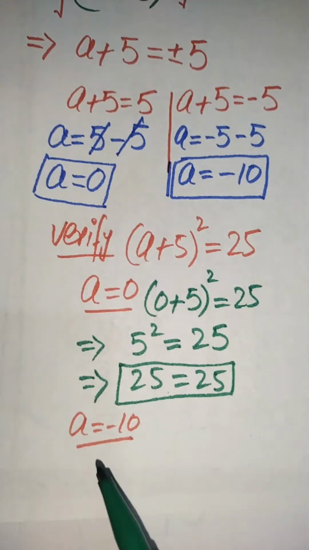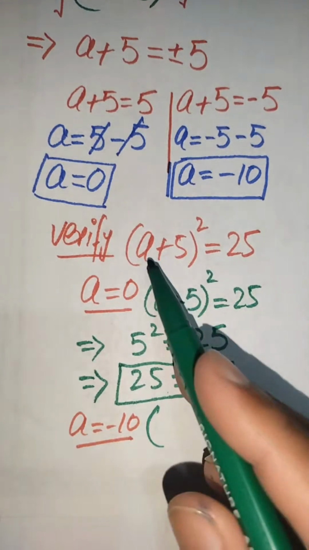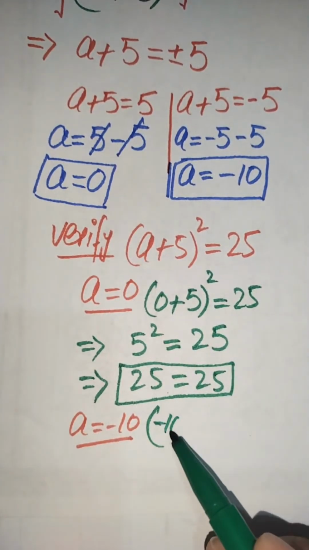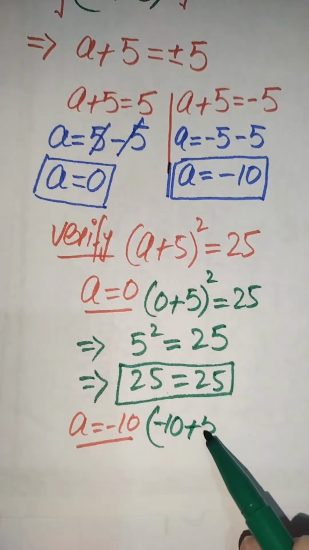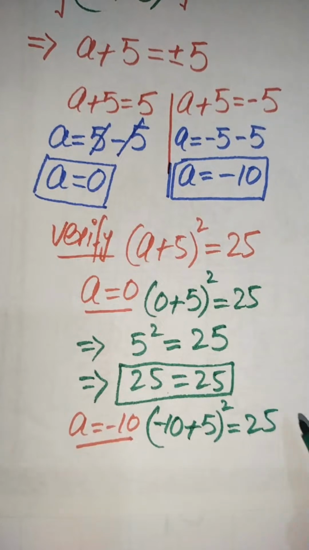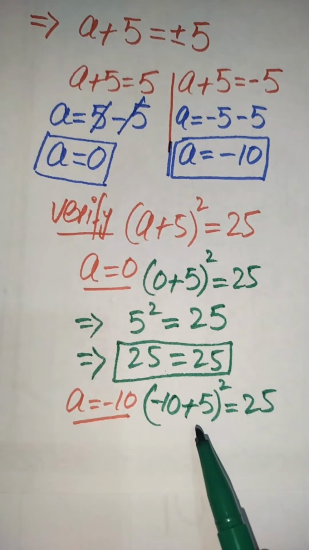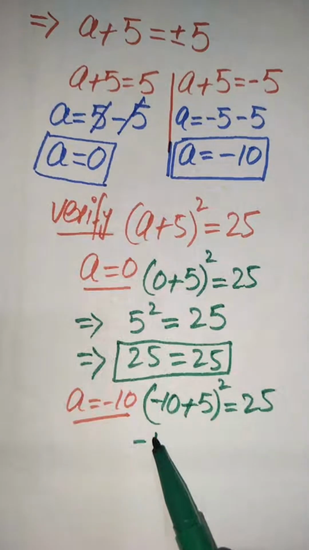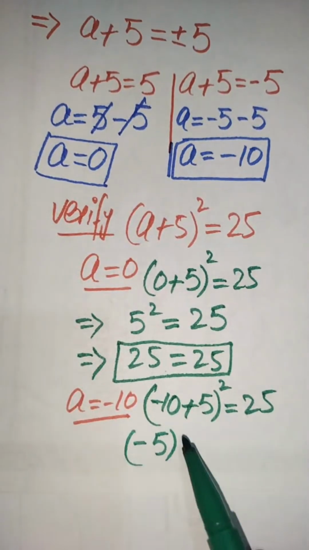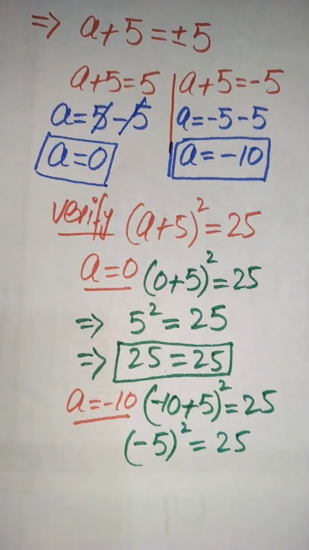It becomes (-10 + 5)^2 = 25. Here, -10 + 5 becomes -5, so (-5)^2 = 25.